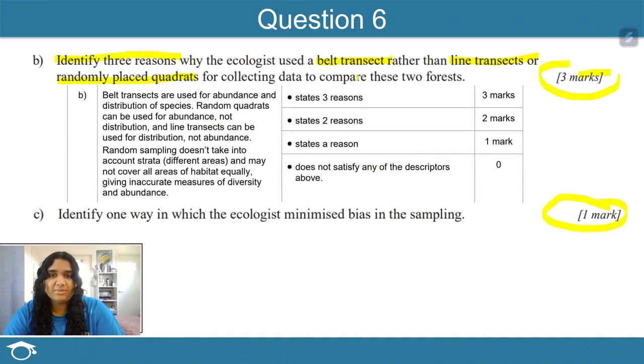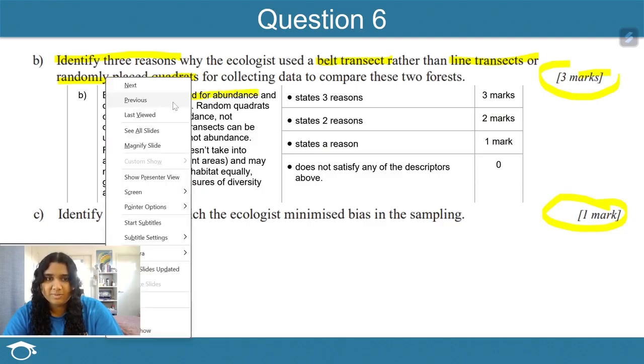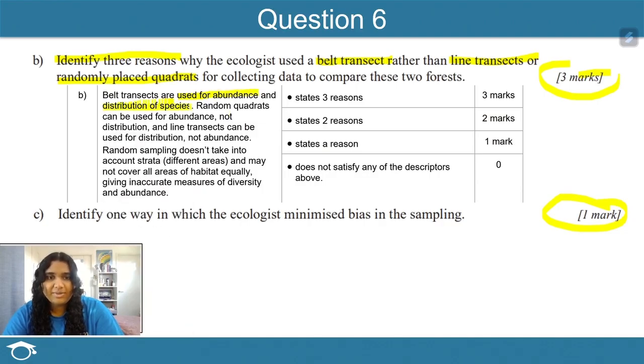Alrighty, so this is what QCAA is sort of expecting of you. Beltline transects are used to get the abundance and distribution of species. What that basically means in plain English is that they're looking for the numbers and populations of species, as well as what parts of the area being studied these species are most likely to be found in.